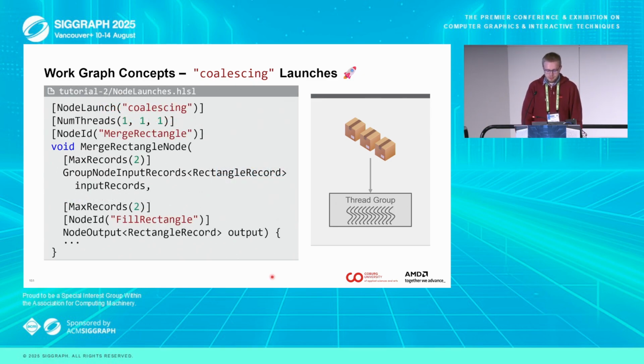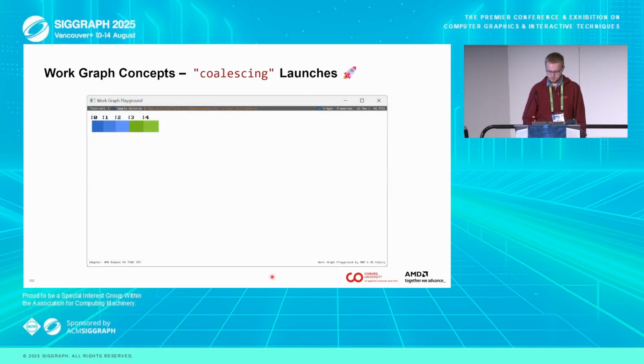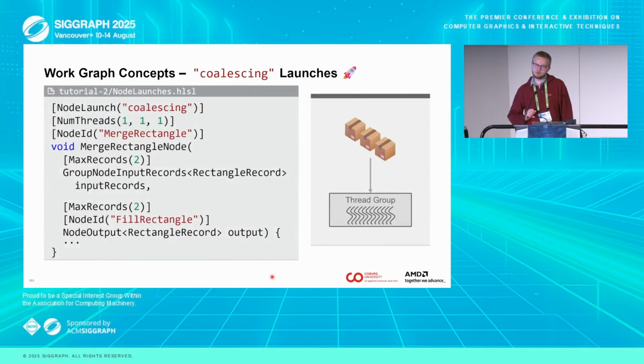Okay, and in the tutorial, we will do that. So we have a node, the merge rectangle node, and this node should get 2 rectangles, and if they are next to each other, they should be merged into one rectangle. Then we want to draw that one rectangle.